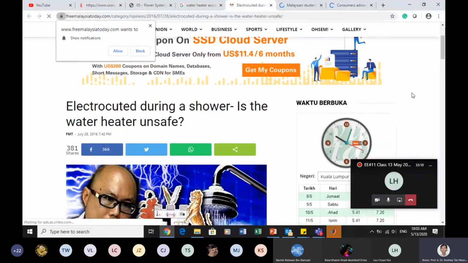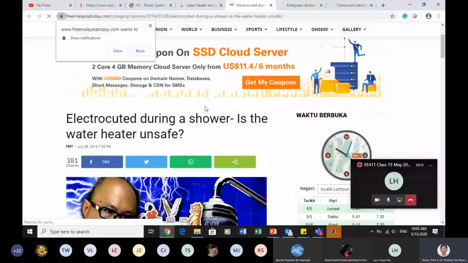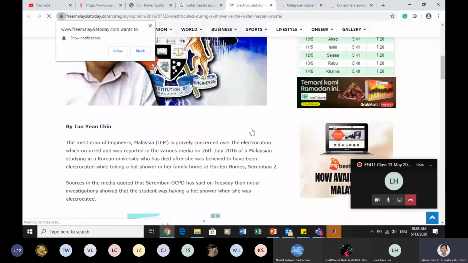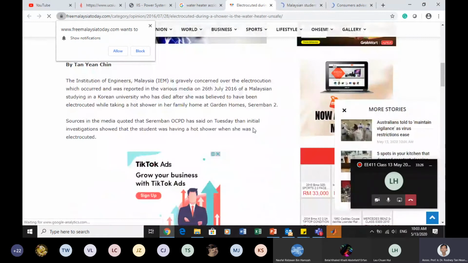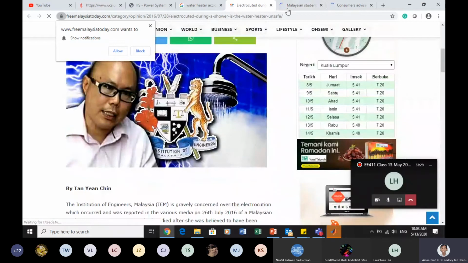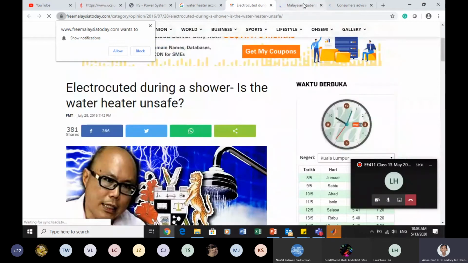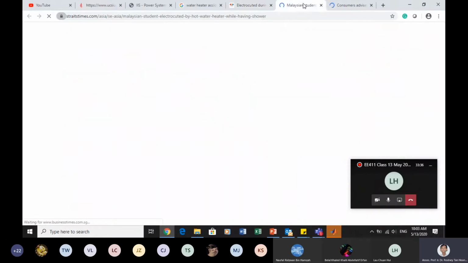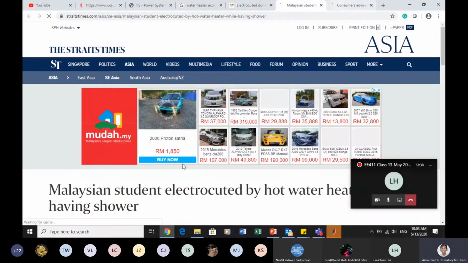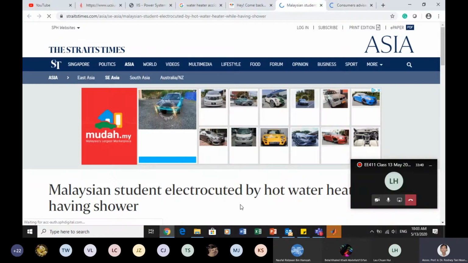Electrocuted in the shower. A lot of people always blame the water heater when this type of accident happens. In fact, the real culprit is not the water heater, it is your house RCCB. There are many cases, like a Malaysian student electrocuted by a water heater while having a shower.